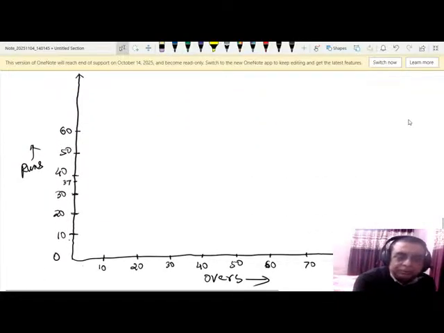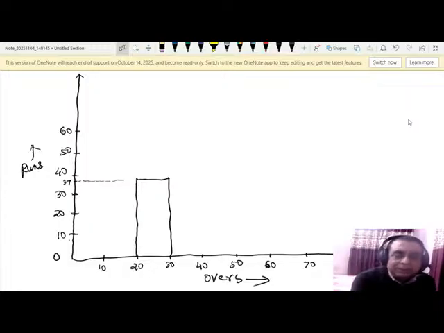That bar will rise from 20 and drop at 30, and the height of the bar will be 37, which we can easily see from the graph paper, at the seventh division of the 10 small squares between 30 and 40.